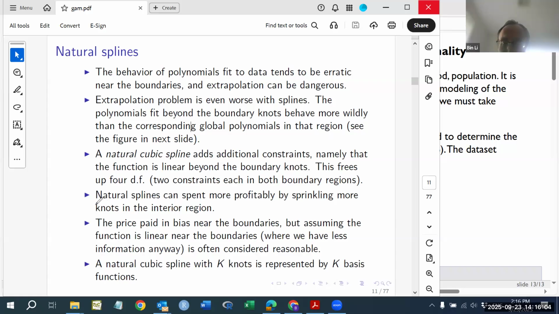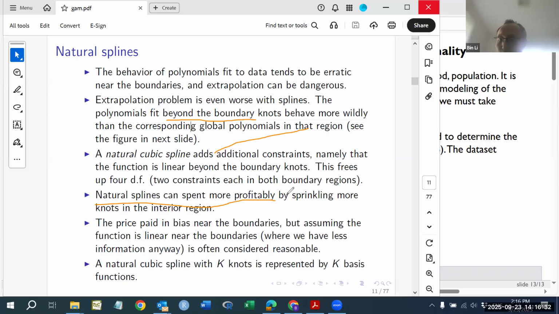So the natural spline comes to the rescue. The natural spline has a constraint that outside the boundary, it goes in a linear fashion, not a nonlinear fashion. So that is the constraint added to the natural spline.